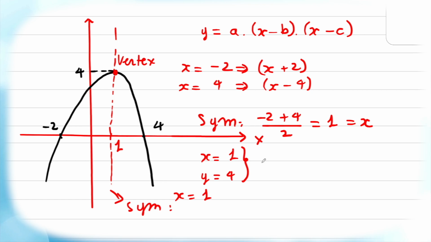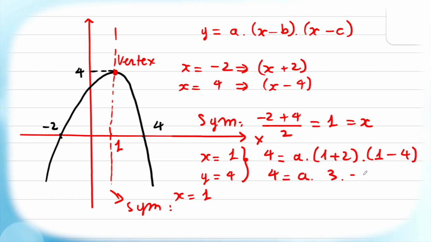Combine them together, you get 4 equal to a times (1 plus 2) and (1 minus 4). So here is 4, here is a, here is 3, here minus 3, and then a equal to minus 4 over 9.